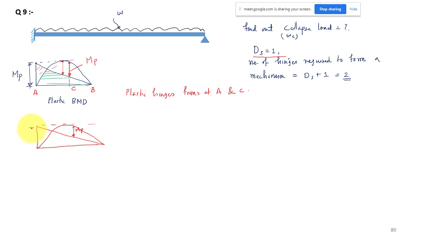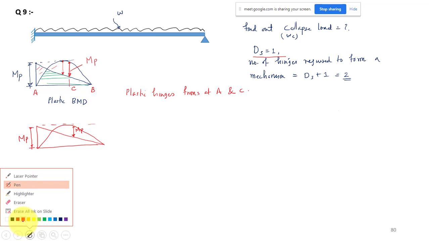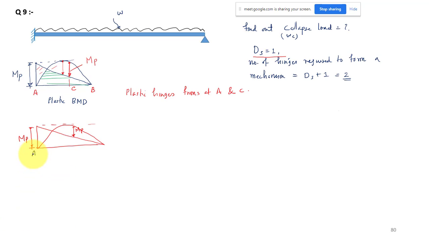Okay. So let us take this point as A, this point as C, and this as B. And let us take this distance as x meter from your support B.